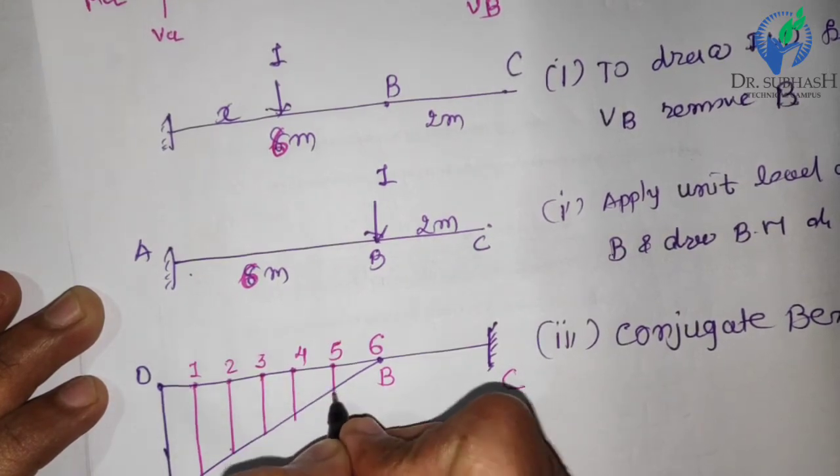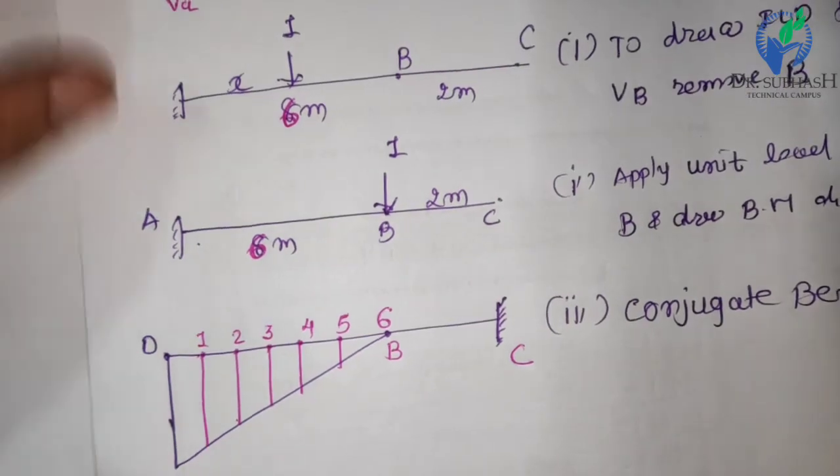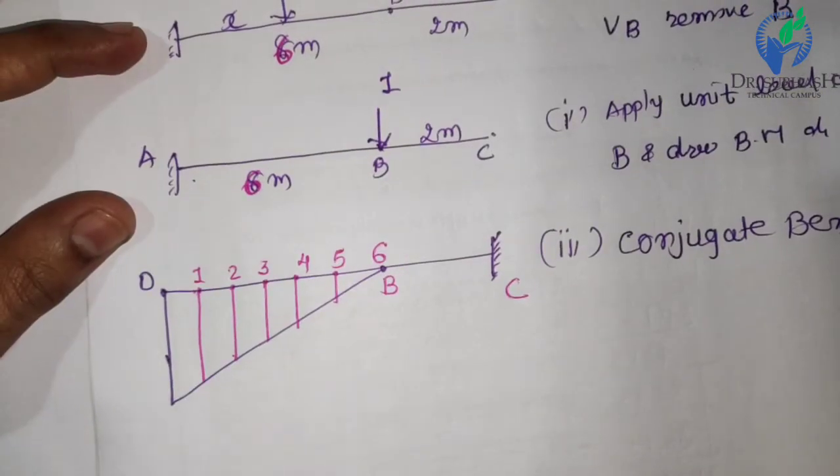If 8 meter is given, then it should be divided into 8 parts. So this is our conjugate beam.